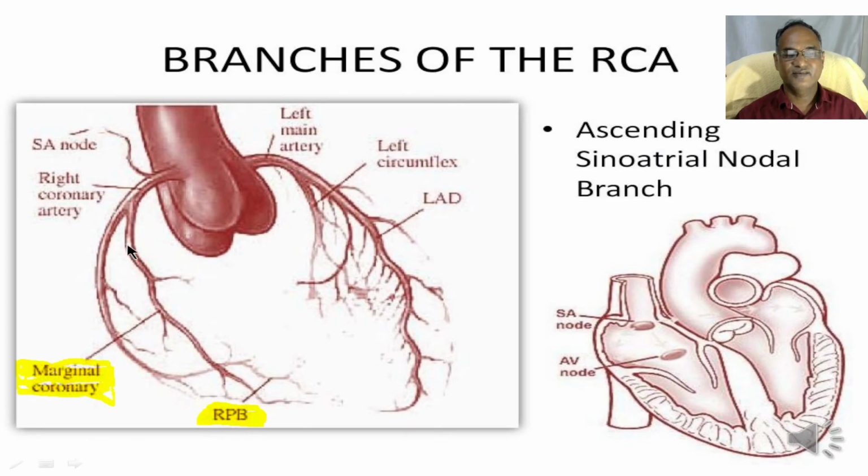So you can see very well on the right side there are two main branches, the marginal and the posterior descending. These are the arteries that cover the other side from the left arteries.